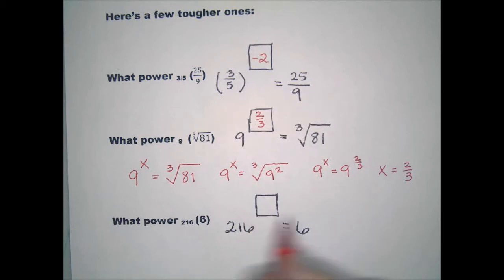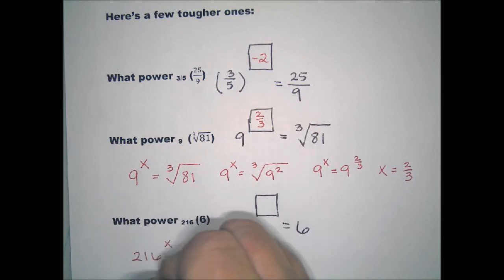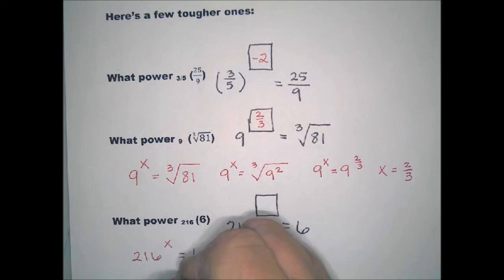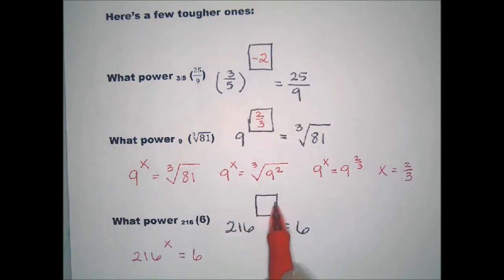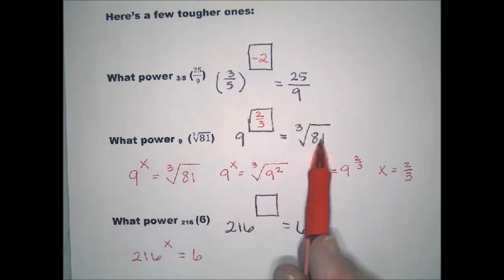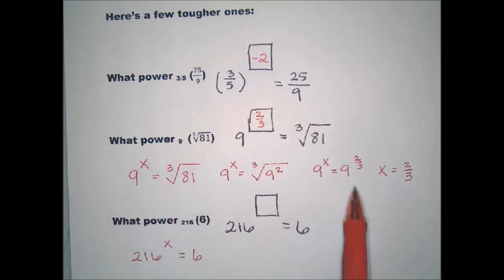I'm going to do the same thing. I'm going to rewrite: 216 raised to the x power equals 6. So instead of a box, I'm having an x. Now, same thing with common bases. See in the one up here, we turned the 81 into 9 squared.